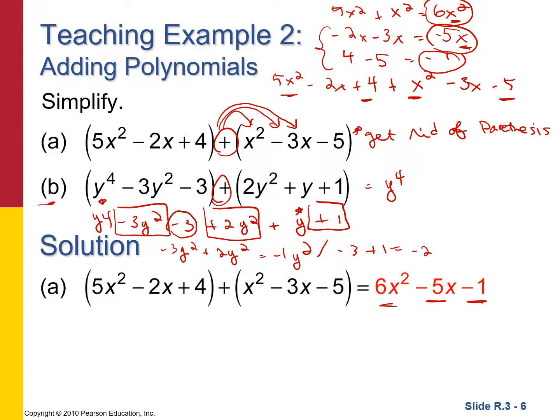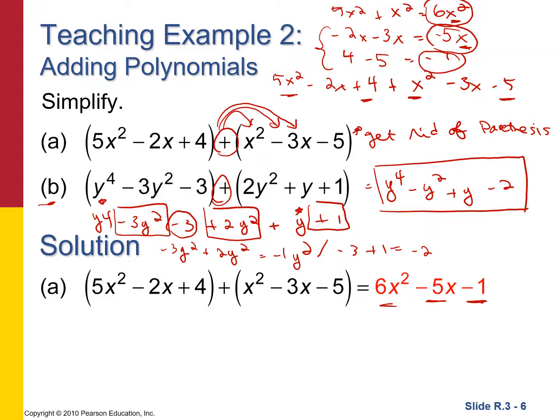So y to the fourth minus y squared. Notice I'm not putting the minus 1 there. You don't have to do that. Plus y minus 2. Okay? So it's good to sort of write all of your work out. It's easy to make mistakes. That's the big thing in college algebra. It's very easy to make mistakes.